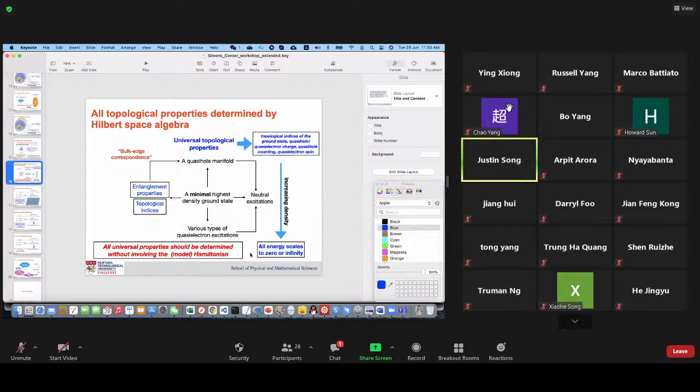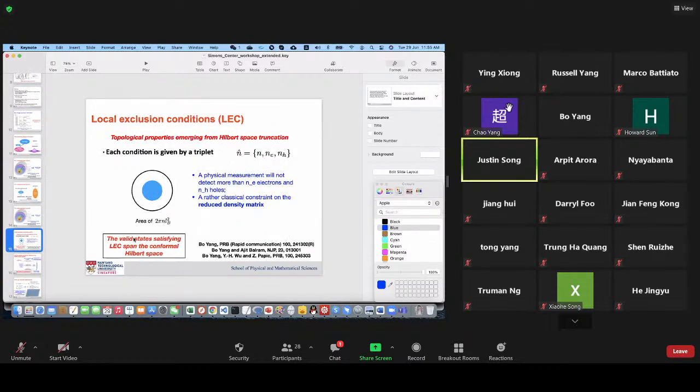If I might push a little bit, is this somehow related to your first slide on Lorentz invariance? If I go to slide 15, it says that when I look at the reduced density matrix, the only things that I can definitely measure are N, E and H. Yes. And that's all I can get out of this.